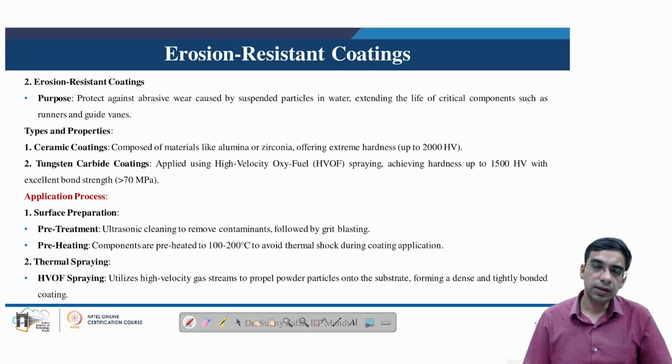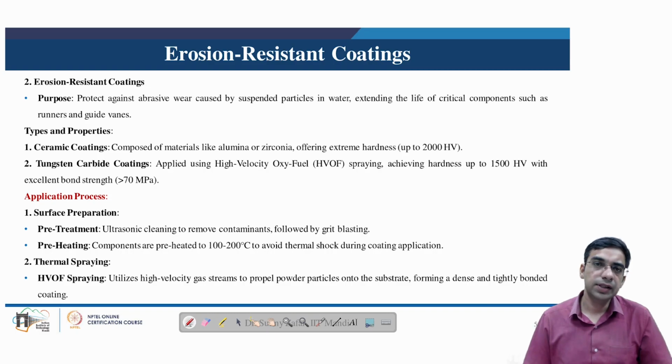Preheating may also be done on certain components to 100 to 200 degrees centigrade to avoid thermal shock, because the methods used to deposit these coatings are thermal spray based. The presence of thermal shock may lead to generation of residual stresses, which may be manifested in the form of cracks or micro cracks on the deposited layer.